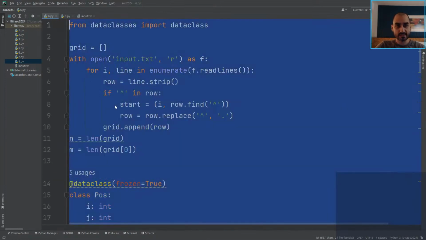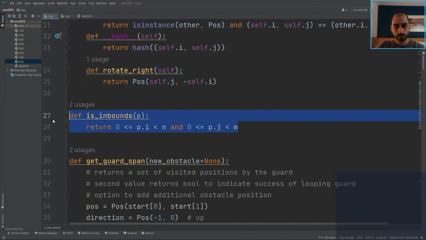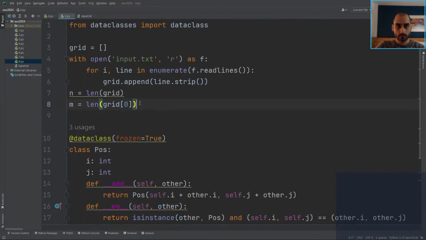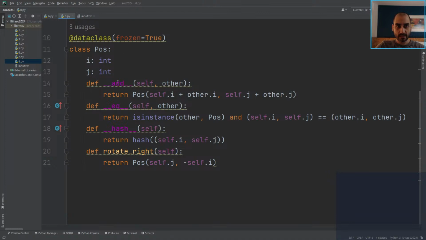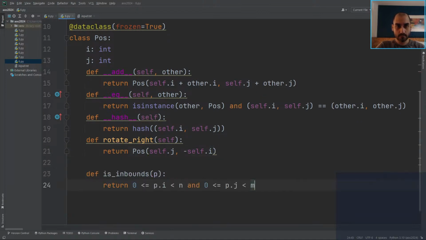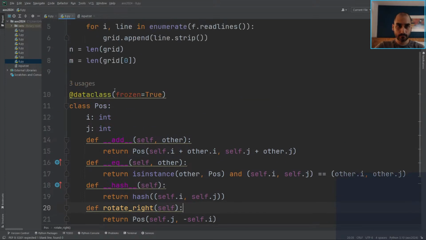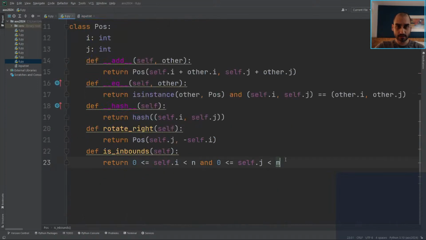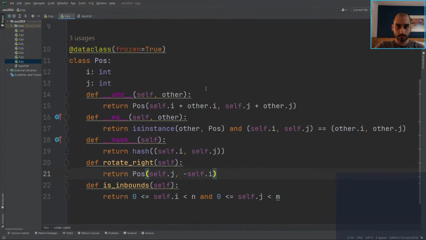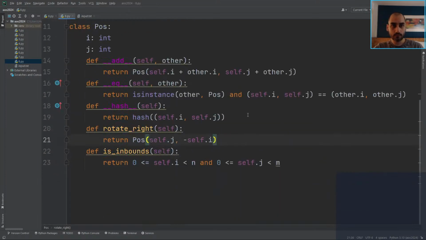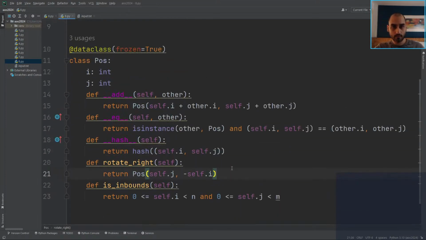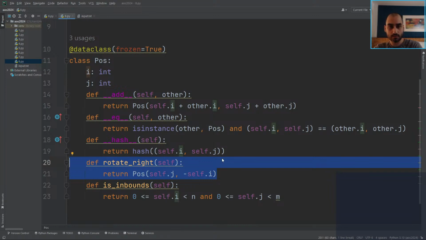We even want the isInBounds method. Should we make that a pos method? As long as n and m are global variables, I guess. We don't need rotation.